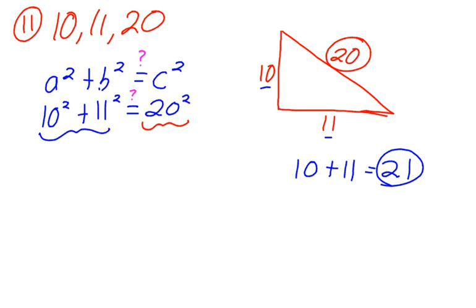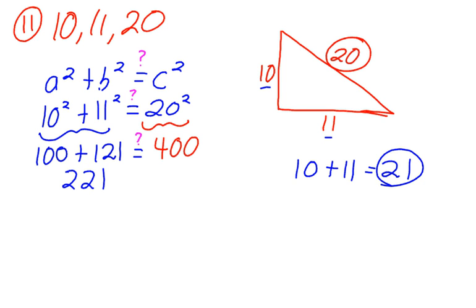On the left side, I've got 10 squared is 100 plus 11 squared is 121. And then on the right side, I get 400. Now add these two: 100 plus 121 is 221, equals question mark, 400.